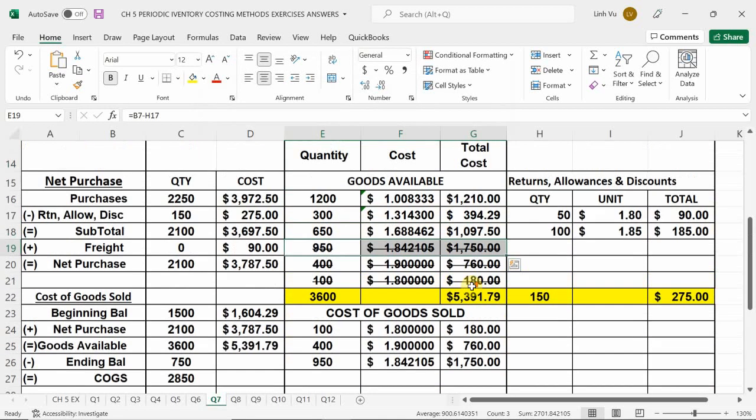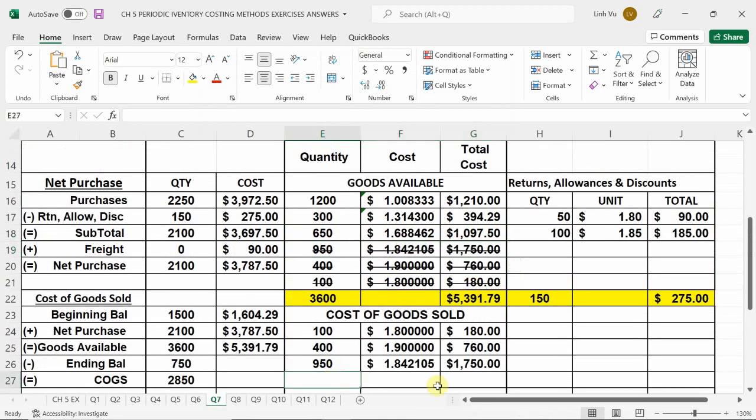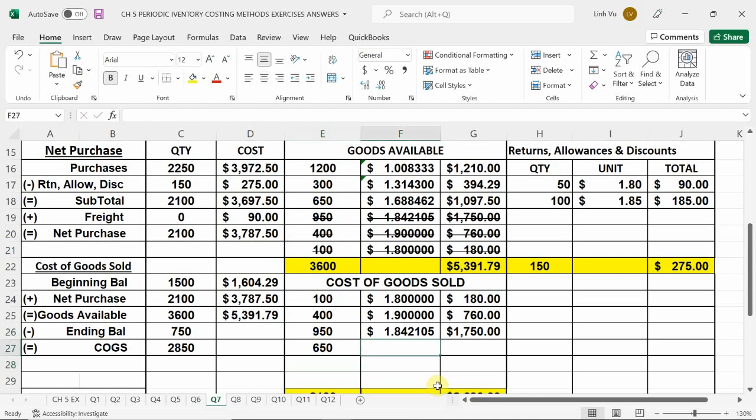We got a long ways to go. So which batch of inventory are we going to dip into next? The 650. Okay, so this batch right here is gone.